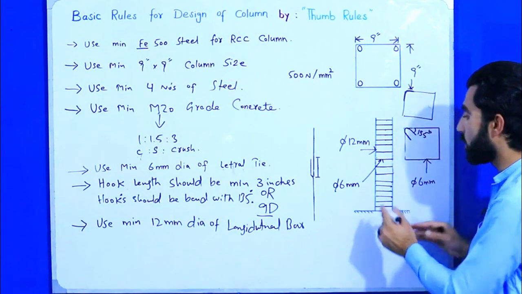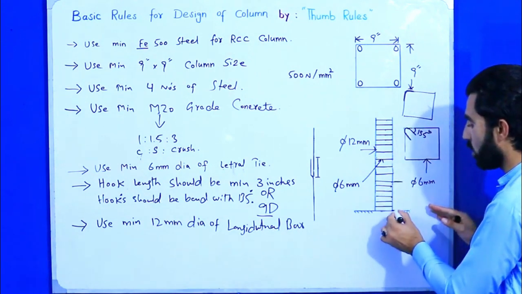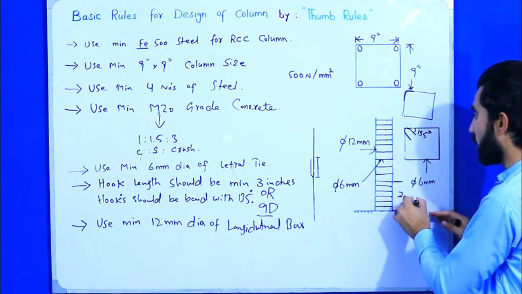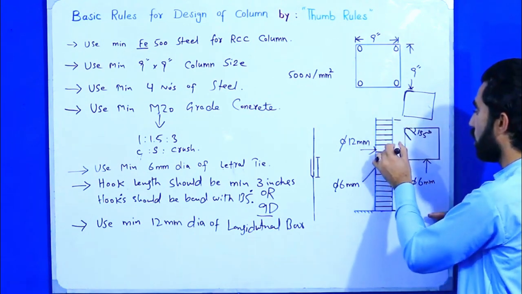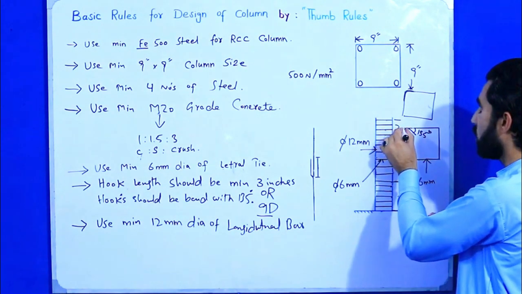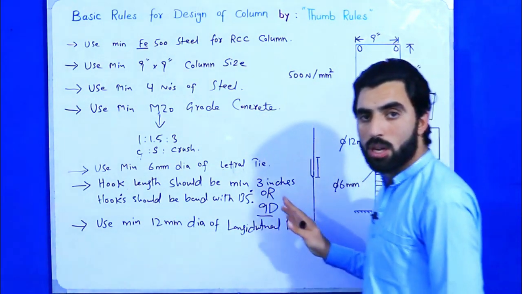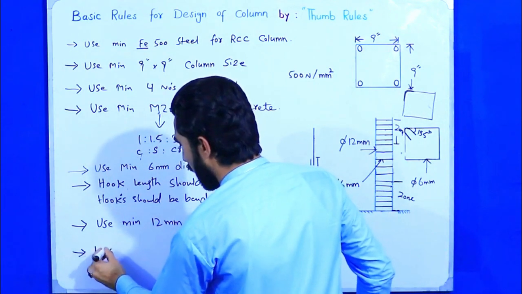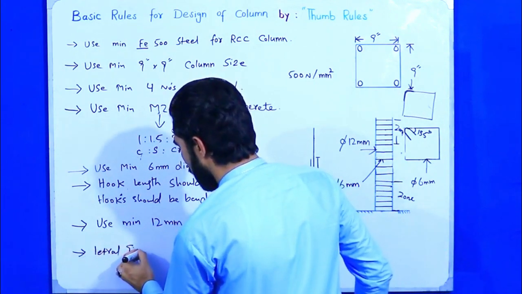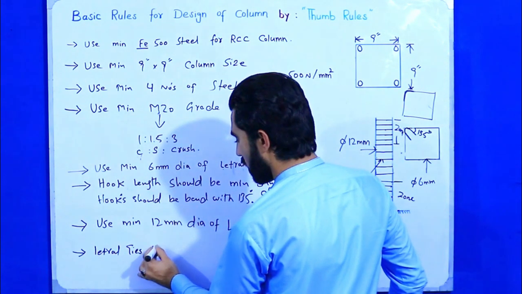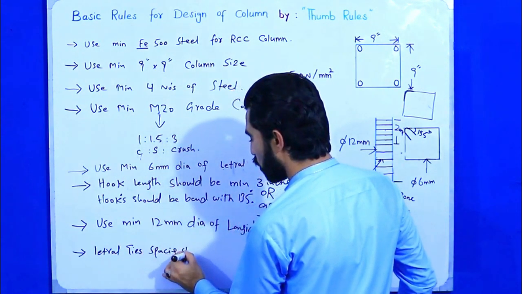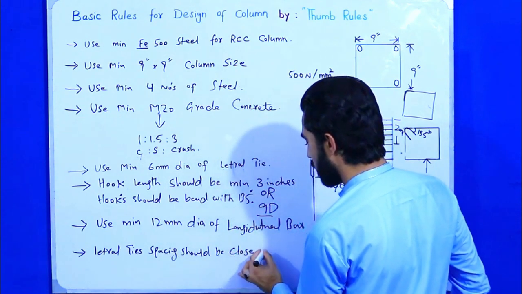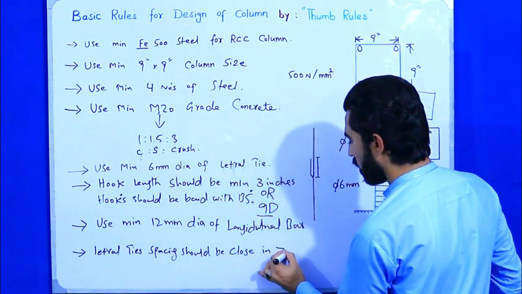Guys, at the end of the support, in this zone, and this is also the other zone. In the zone, the lateral tie spacing should be minimum. Lateral ties spacing should be close in zone.